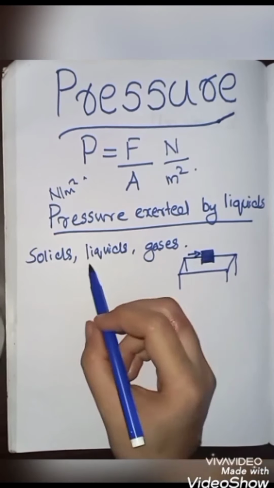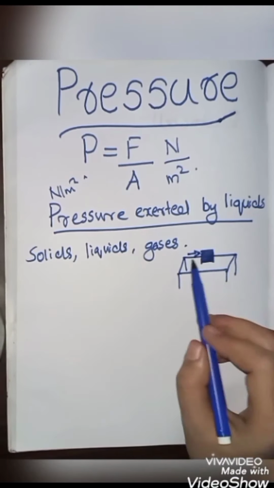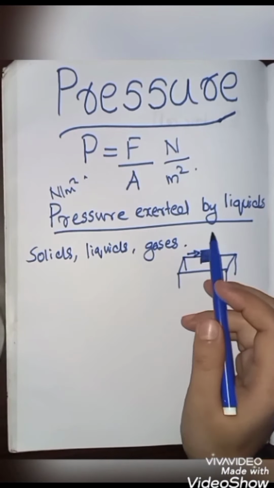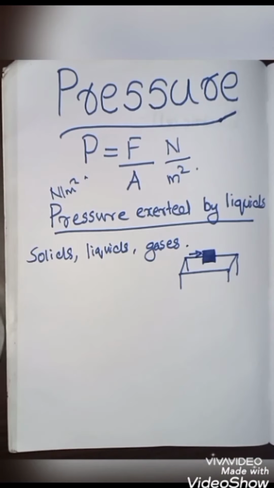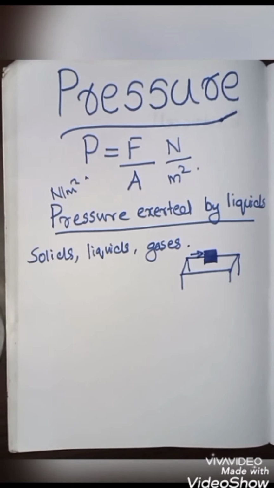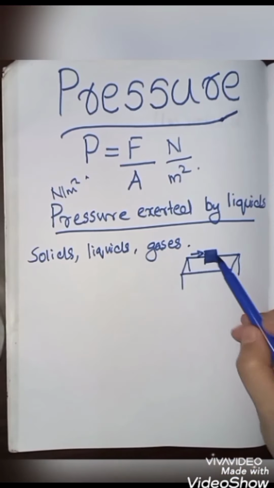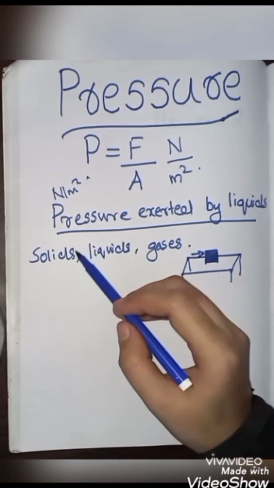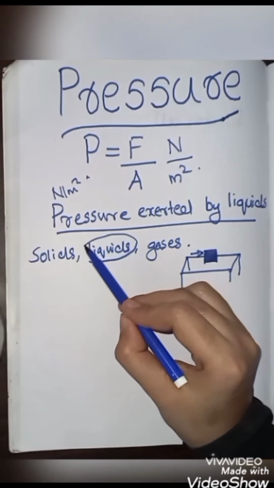That is when pressure is exerted on the solids. Now we are discussing pressure exerted by liquids. My question is, do liquids exert force like solids? Here we said that the solids exert force. Then do liquids exert force?